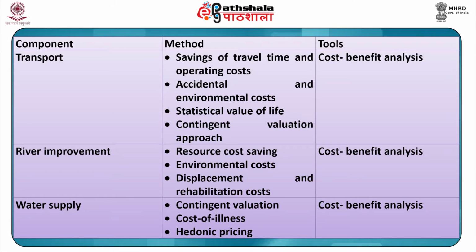Similarly, in case of river improvement: resource cost saving, environmental costs, displacement and rehabilitation cost, and in the third, cost benefit analysis. Water supply: contingent valuation, cost of illness, hedonic prices, and then in the third, cost benefit analysis.